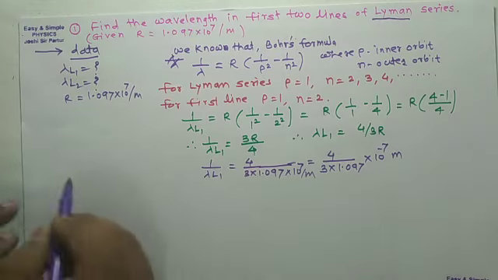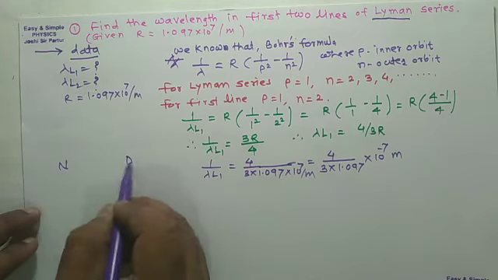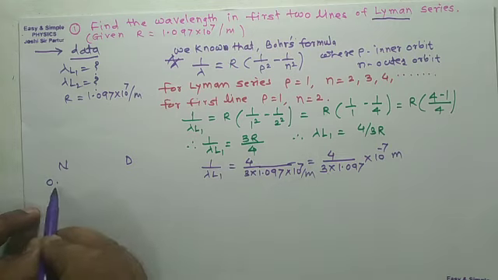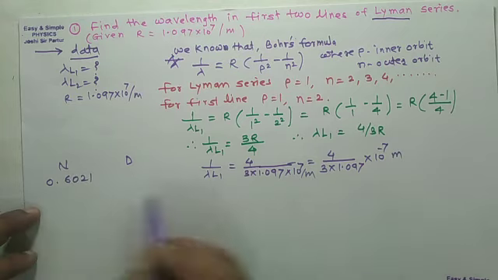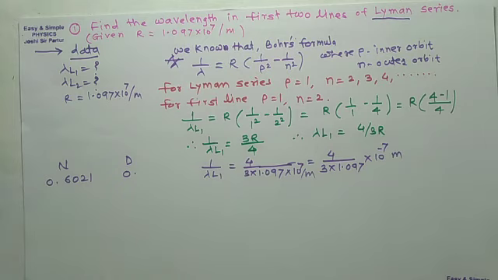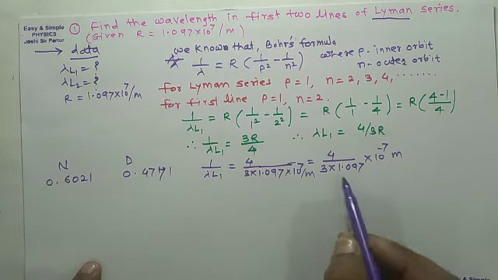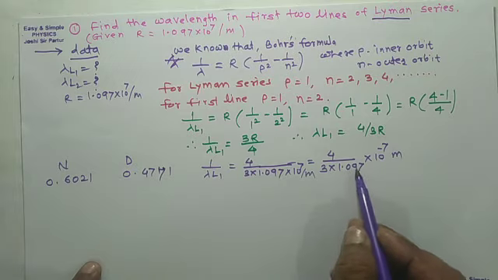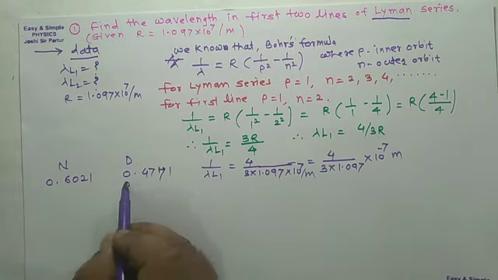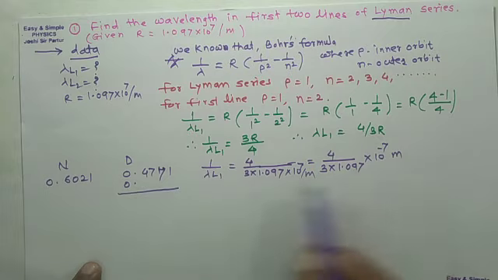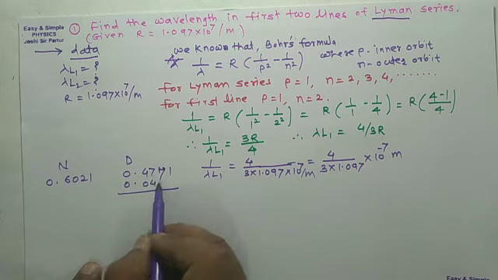So using the logarithmic table, for the numerator and denominator: numerator is 4, having characteristic 0, so log of 4 will be 6021, whereas denominator 3 is there, its characteristic will be 0, so log of 3 will be 4771, and log of 1.097, 7 in mean difference, characteristic will be 0, will be 0403.